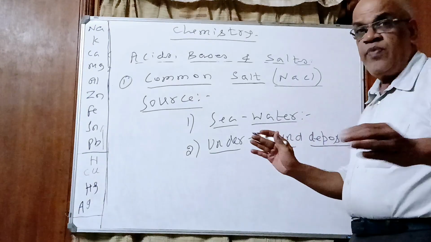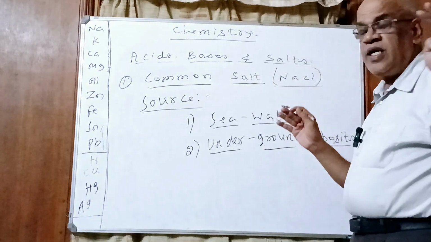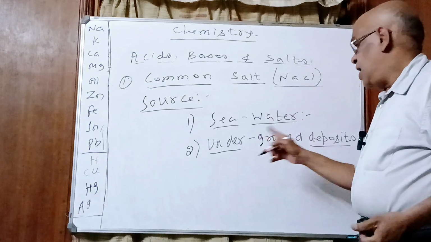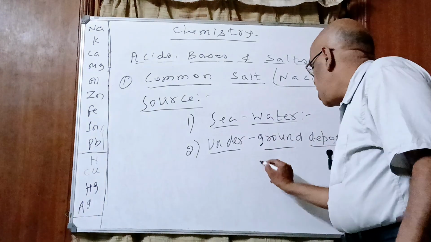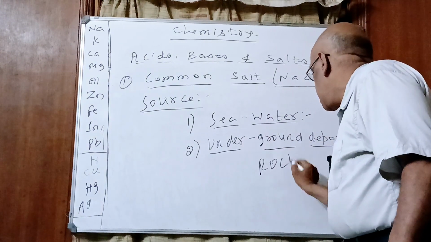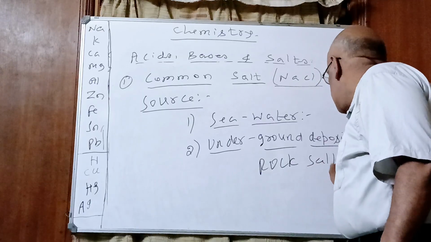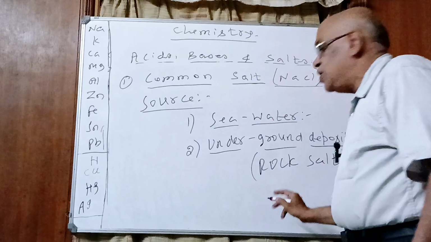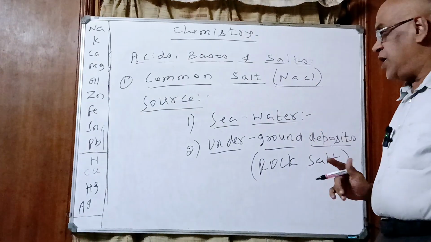Then underground deposits. Now you may wonder, how does common salt along with other salts get deposited under the ground like a large rock? It is also called rock salt. Salt gets deposited in the form of a rock under the ground.